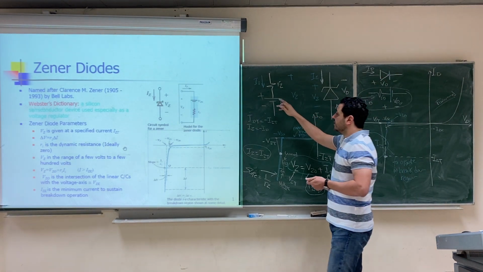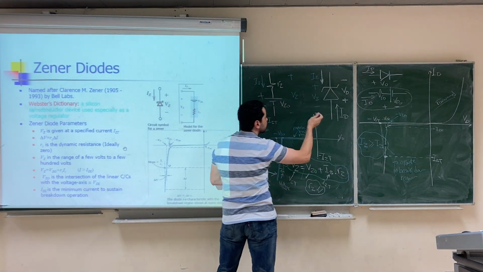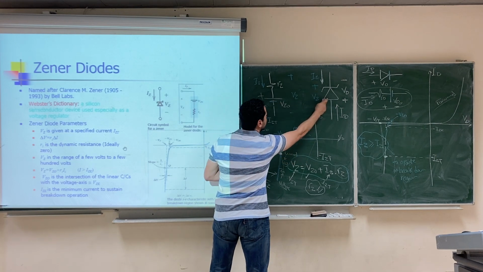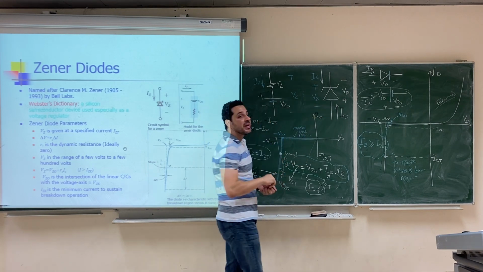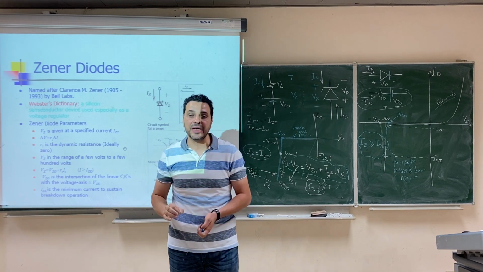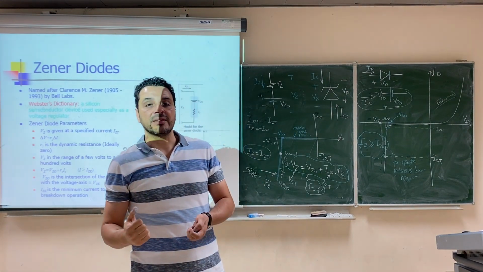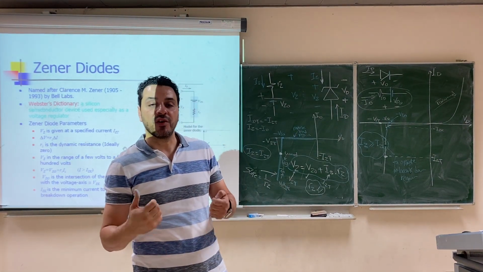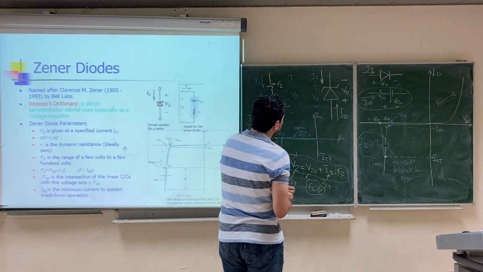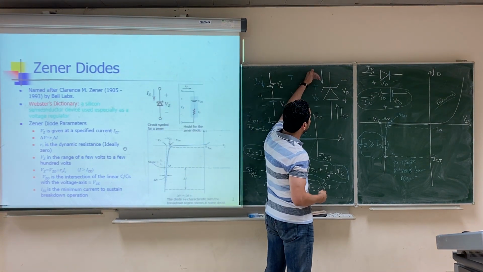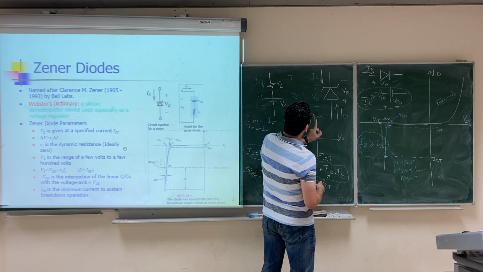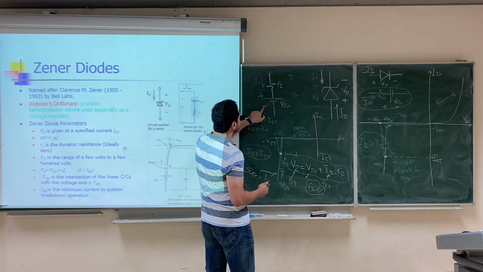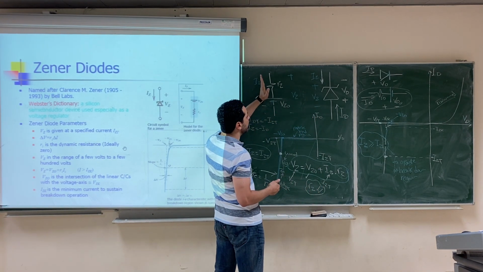But here, the direction of the battery is reversed, negative towards the positive and positive towards the negative. Remember always that the direction of the battery will be opposite to the current flowing. So if the current is flowing in the reverse direction, we are in the breakdown region, then the battery will be looking up, negative down, positive up. The battery will be opposite.